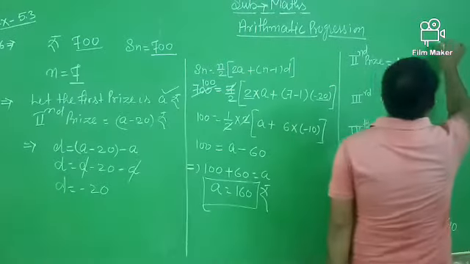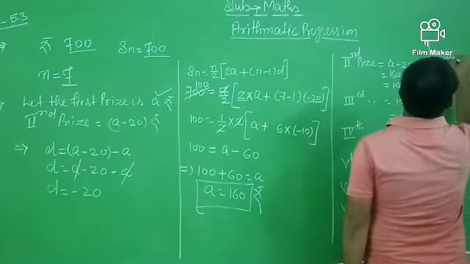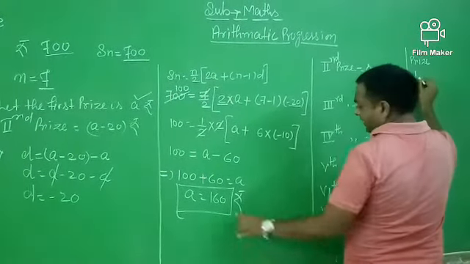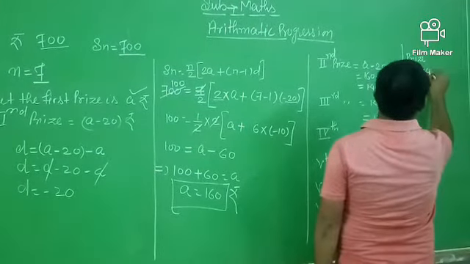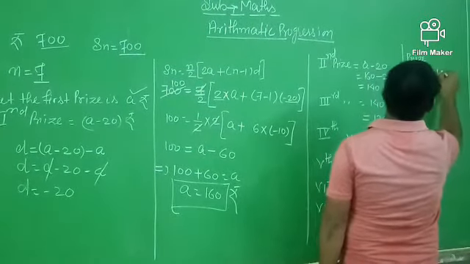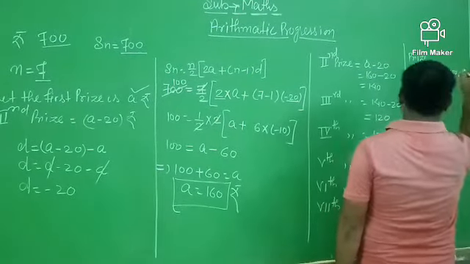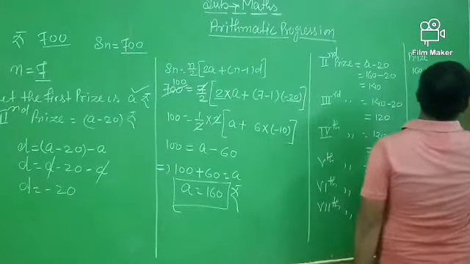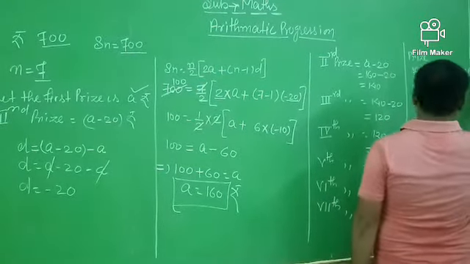So the prizes are as follows: 160 rupees first prize, next 140, next 120, then 100, then 80, then 60 and then 40 rupees.